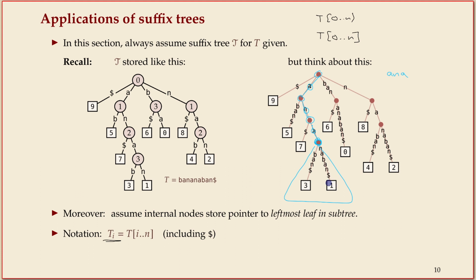Specifically, the indices of these two leaves are exactly the positions where A and A occurs in the text. And if you check, there's A and A here, and there's an overlapping occurrence here. That works out to starting index 1 and 3. Remember, we start at 0.